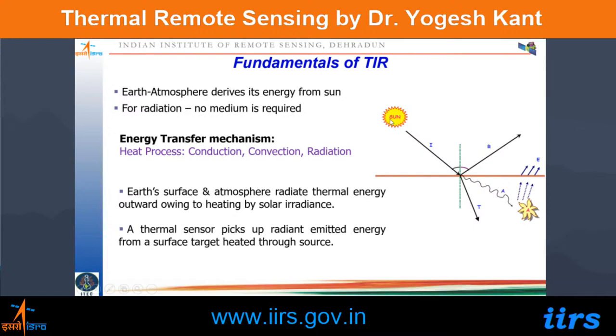All the energy transfer happens via photons, and this travels through vacuum. And you know that the velocity of light is maximum in the vacuum. So the energy transfer happens with the velocity of light.